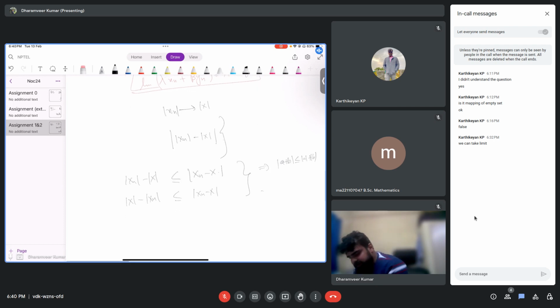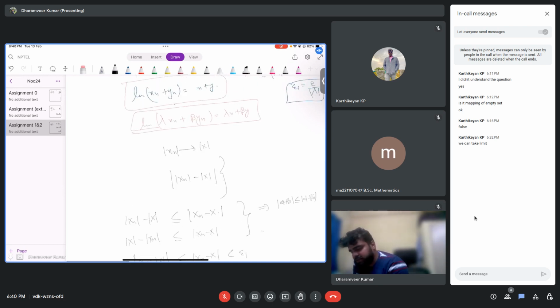This implies it's greater than both positive and negative, right? These are just negative of each other. So if this is bounded by epsilon 1, choose epsilon equal to epsilon 1 and you get this. This is how you do the mod.